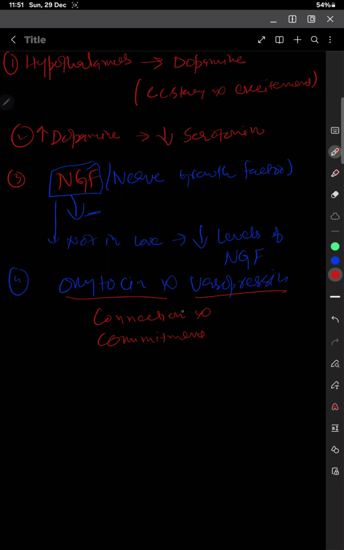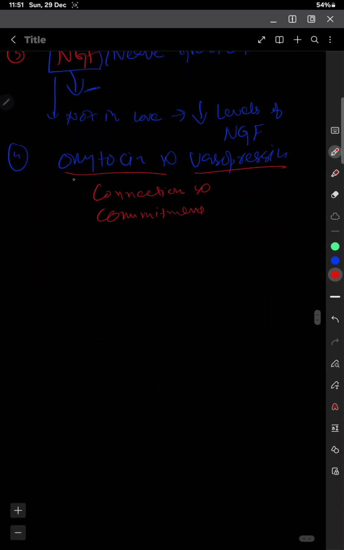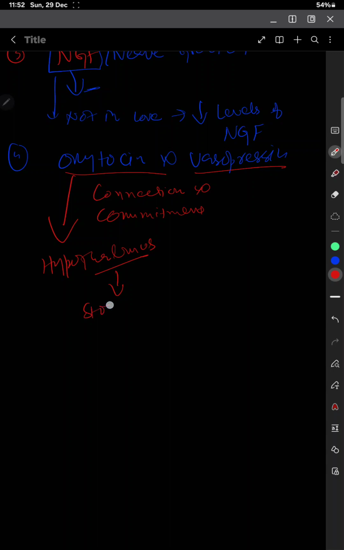I already told you about the hypothalamus. The hypothalamus produces these two hormones, and these hormones are then stored in the pituitary gland, which then secretes them into the body.